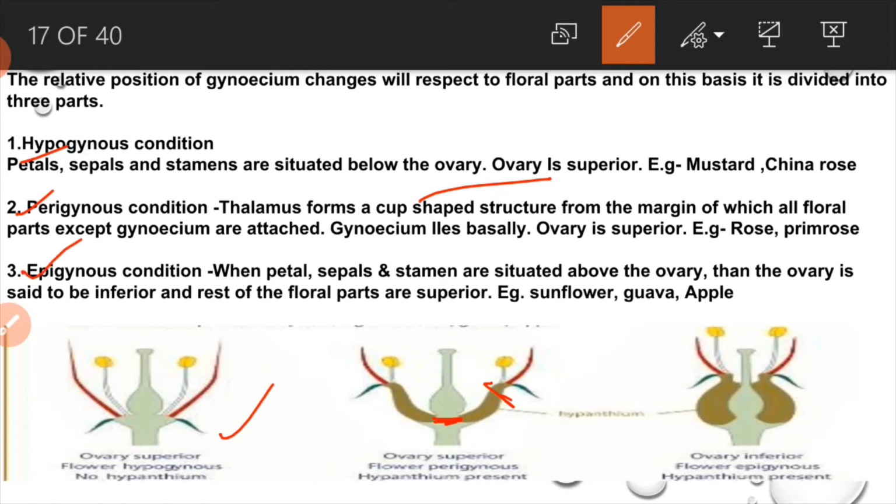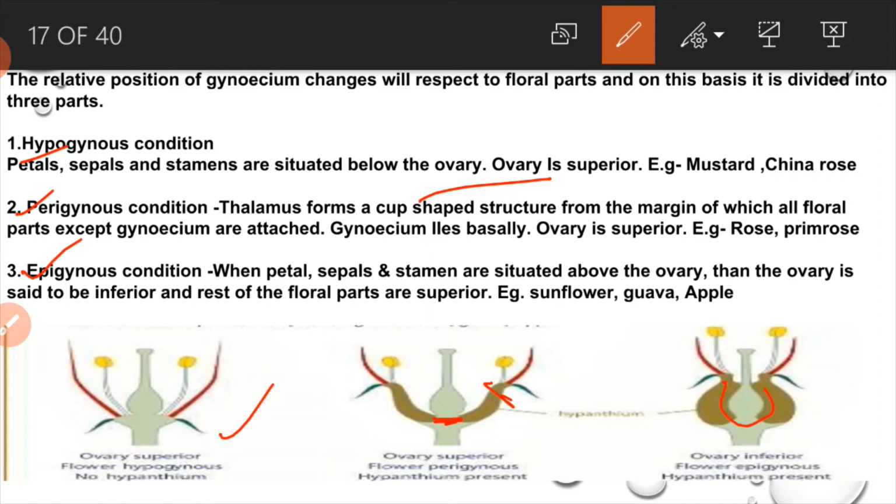Now in case of epigynous condition, when the petals, sepals and stamens are situated above the ovary, then the ovary is said to be inferior. And the rest of the floral parts are superior. In this case, there is a cup-like structure that is formed inside the thalamus, in which the lower part of the pistil, that is the ovary, is embedded in the thalamus.